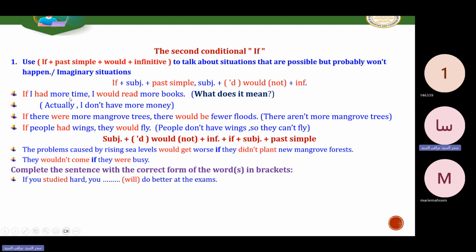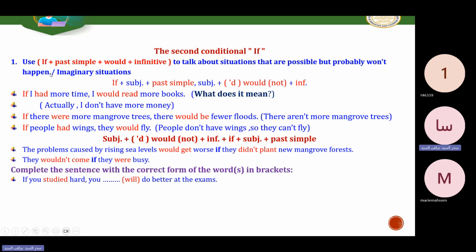What does this sentence mean? It means I have more time? No. Actually, it means I don't have more time. I don't have more time, but I wish I had.